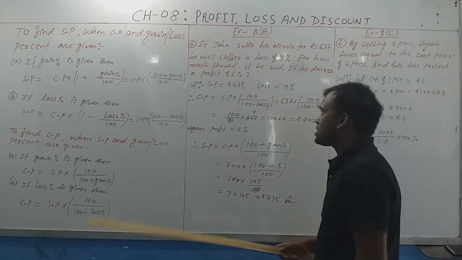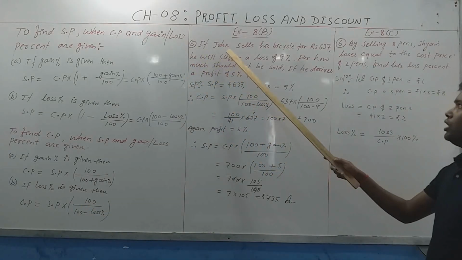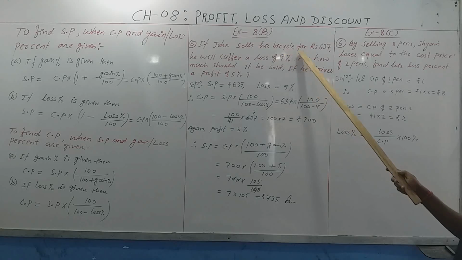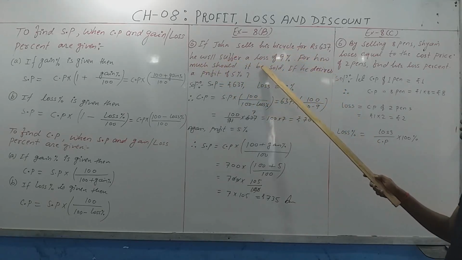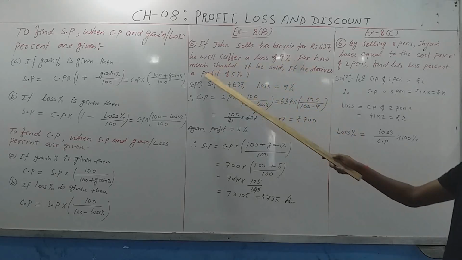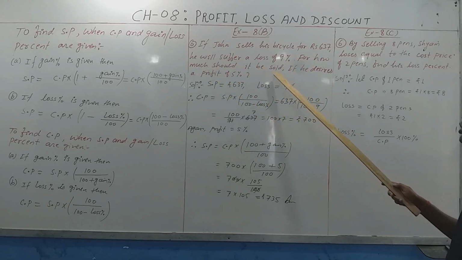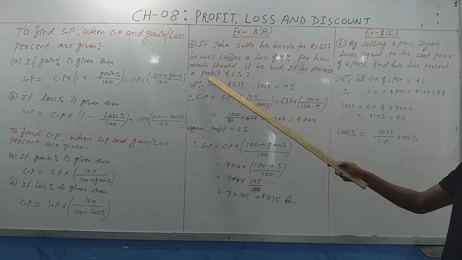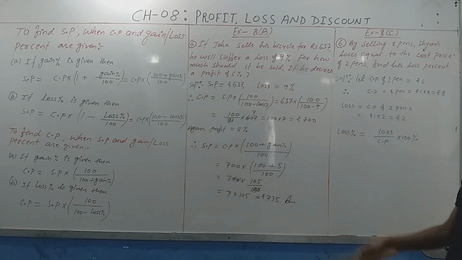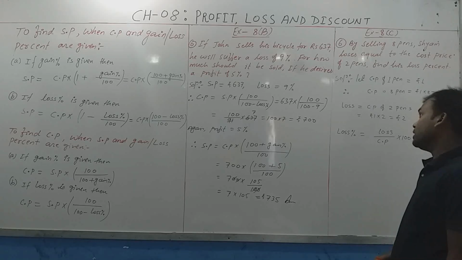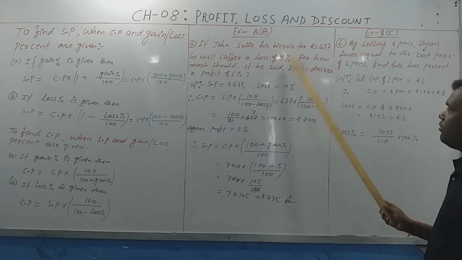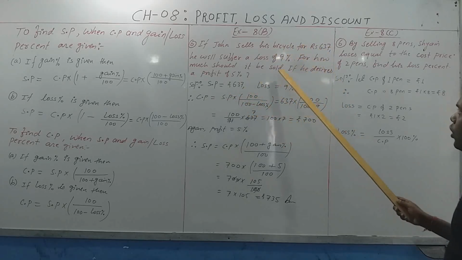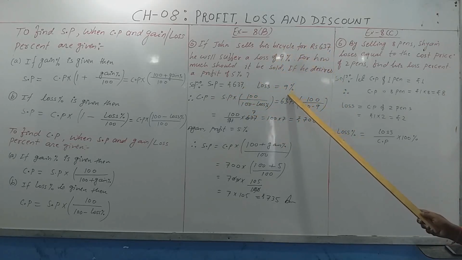Question number 6. If John sells his bicycle for rupees 637, he will suffer a loss of 9%. For how much should it be sold if he desires a profit of 5%? First you identify what data we have been provided here. That means SP of the bicycle is 637, and loss percent of the bicycle is given as 9%.